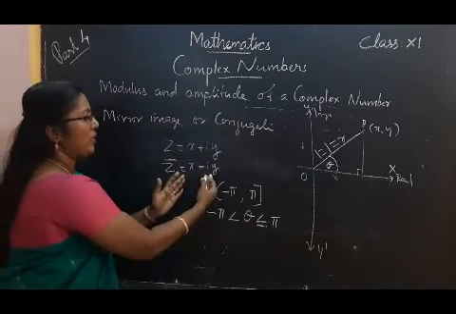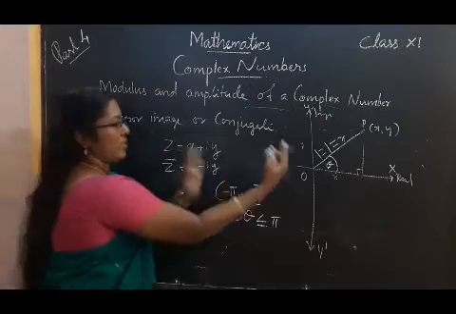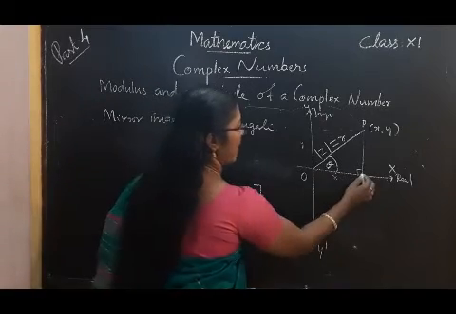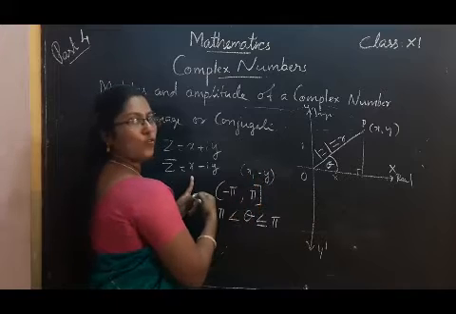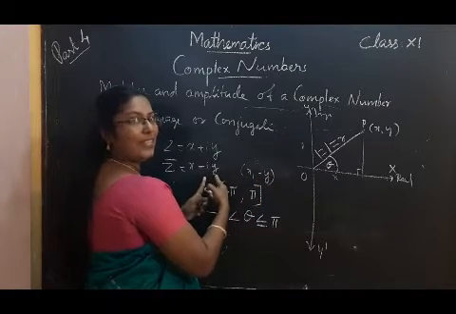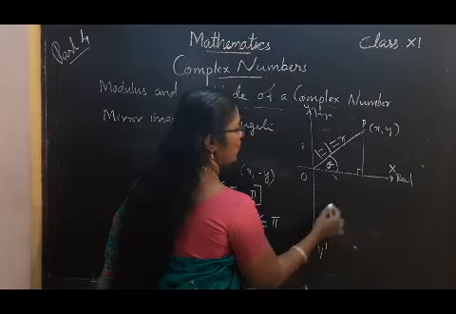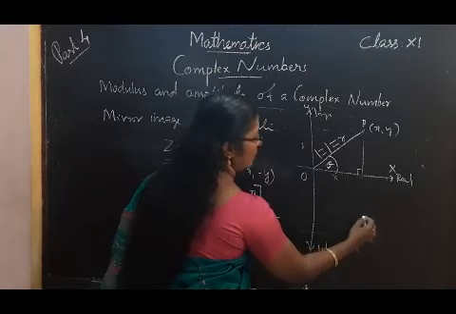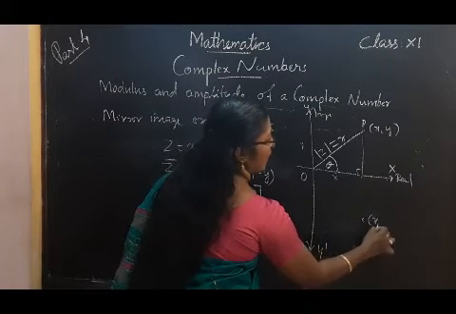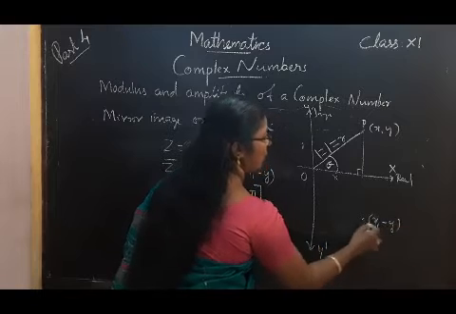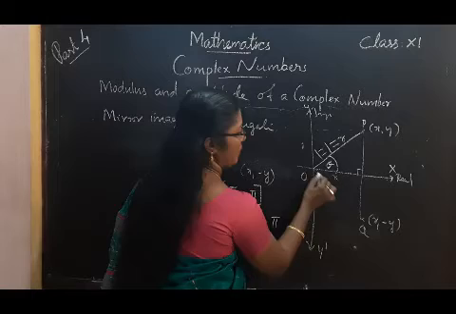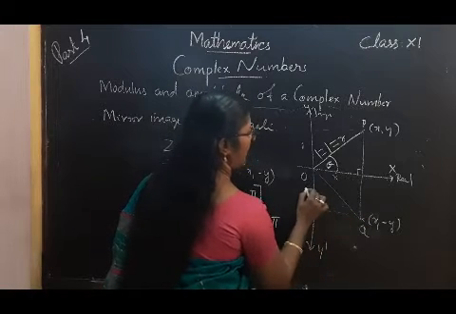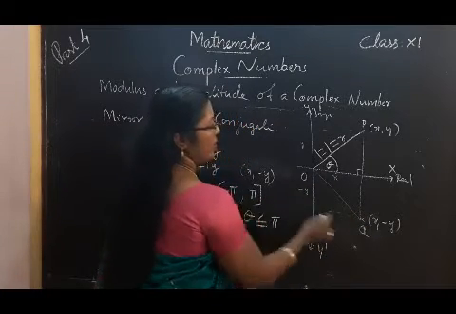When you plot this conjugate on the same plane, the coordinate is x, minus y. Here the imaginary part is negative, so this is minus y. This point is Q.